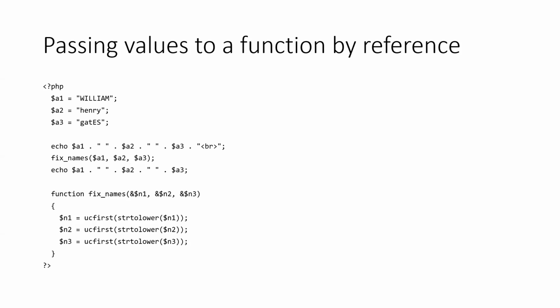The function will fix using N1, N2, N3, and you will see here what happens. Basically, you get the variable and then you assign to the same variable, so you work on the same one. So the original values will be changed, depending on what you have saved there.